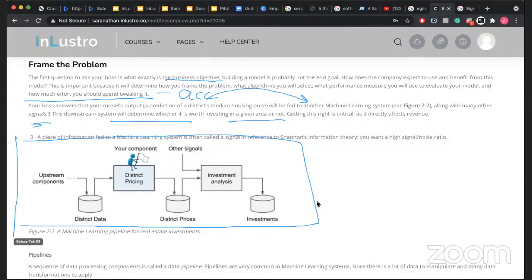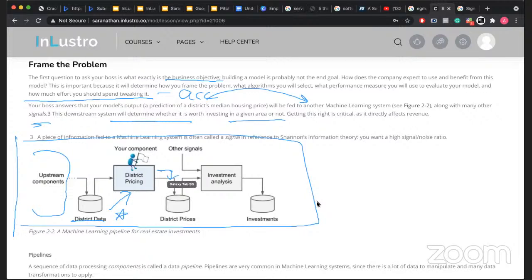Right? So any piece of information that's fed to a machine learning system is called a signal. If you see, there's the district data database here, and there are some upstream components which we are not concerned with. The prices are fetched from the district data. The district pricing is here, and once your model takes in information about the district, then it predicts the price.